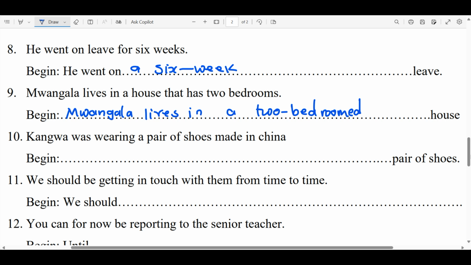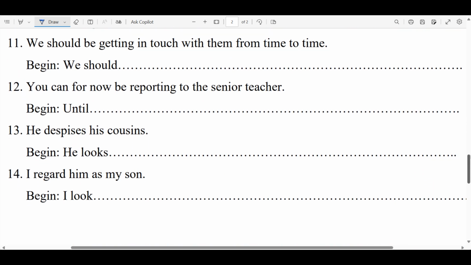We have number 10. Kangwa was wearing a pair of shoes made in China. Begin, dash dash, pair of shoes. So say Kangwa was wearing a Chinese-made pair of shoes. Now we move on to number 11.